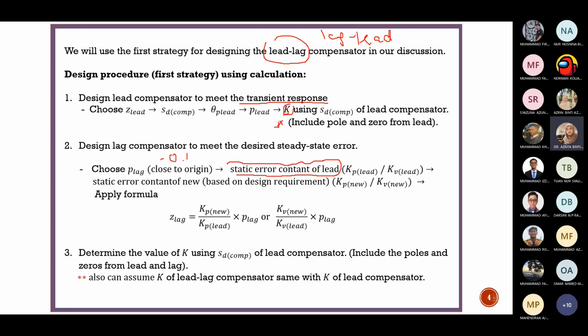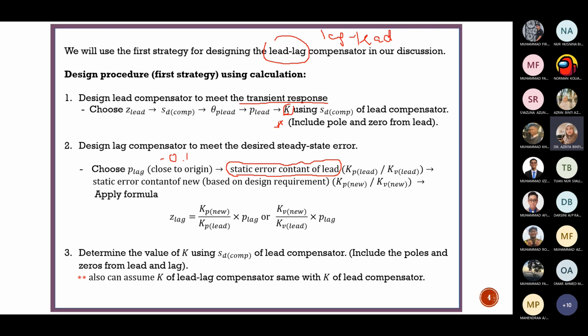It is different from the lag compensator alone. For the lag compensator, you need to find the K or static error constant old. The old one refers to the K gain controller.